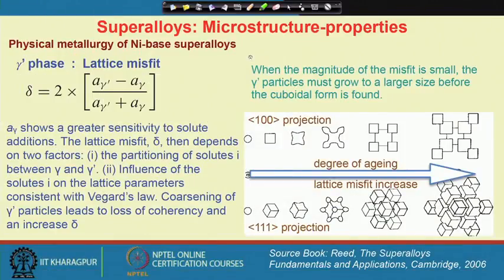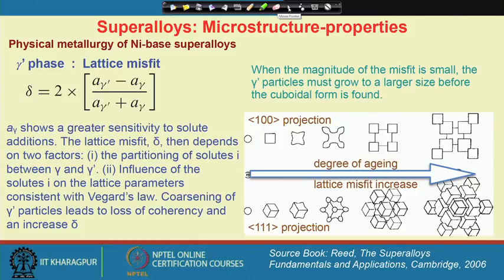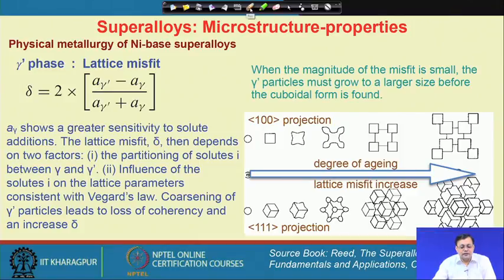Now, let us look at some other aspect of this gamma prime phase. If we keep on adding elements to gamma prime, meaning nickel 3 aluminum, we expect that the lattice parameter will change, and if the lattice parameter changes, then definitely there will be a difference between the lattice parameter of the matrix gamma nickel phase and the ordered gamma prime phase. Yes.